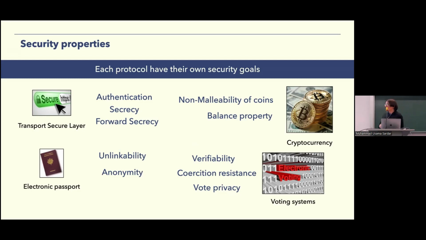And you also have new emerging properties due to specific applications, like in cryptocurrency, the non-malleability of coins or the balance property, which are definitely things we didn't see in the literature before cryptocurrency.